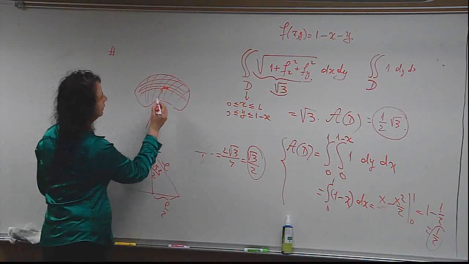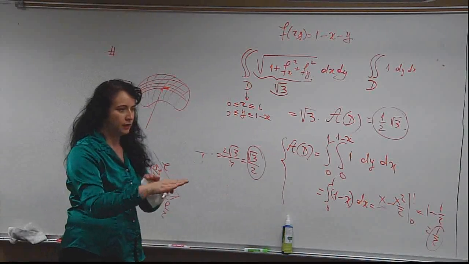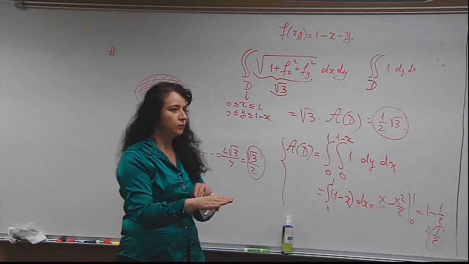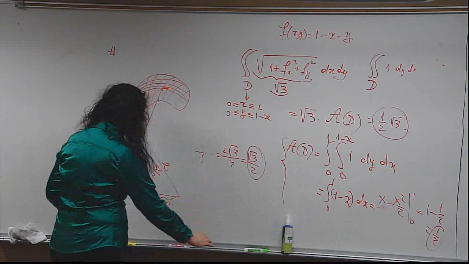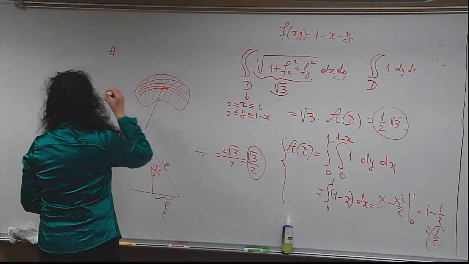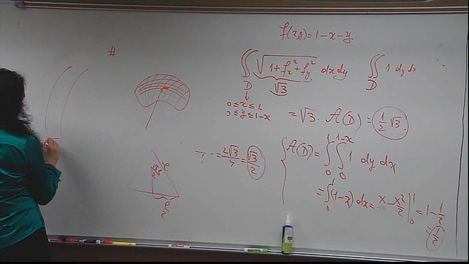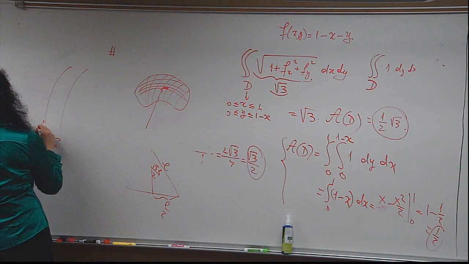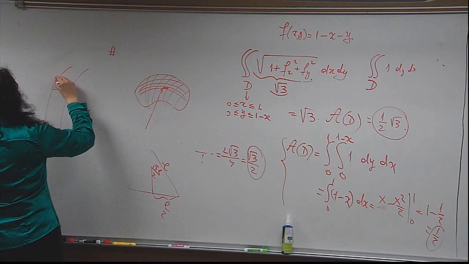Then you have a curvilinear square, and the best approximation for its area was the parallelogram built from the velocities. You have a delta x here and a delta y here, but here you have r sub x, and here you have r sub y.